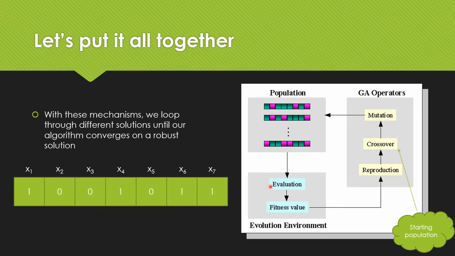From there, you evaluate all the children and parents and you come up with their fitness values. You rank these different fitness values and you select the ones that get to reproduce, so the ones that get passed on to the next generations. And the process repeats with crossover, mutation, and then evaluation of the population again. And this whole process iterates over and over again until convergence. And typically you specify what convergence is. So you specify what the final outcome should look like.